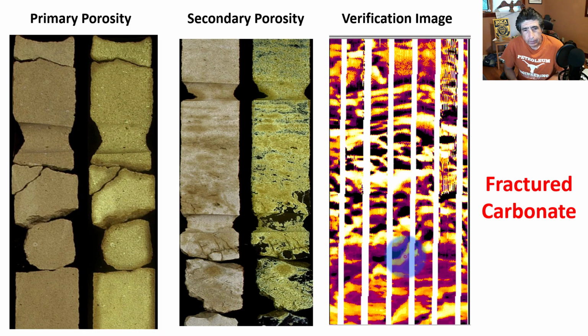Now, here's another beautiful image of fractured carbonates. What happens in fractured carbonates is that we have primary porosity, which is the one across the fractures. You can see some of the imbibition, the wetting of the hydrocarbon, going on in the immediate neighborhood of the fractures. And then we also have secondary porosity, which is the porosity in between the fractures.